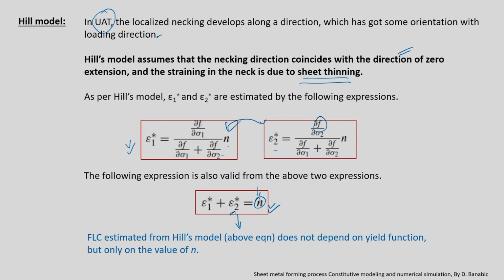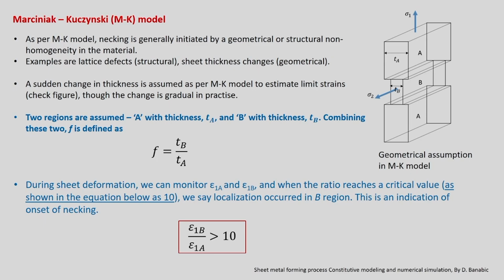Epsilon 2 is 0, so epsilon 1 star would be nothing but your n value. So it depends only on the n value and not on the yield function at all. That is what Hill's model tells you, and this method was already discussed by us slightly before. The concept is already introduced to you.